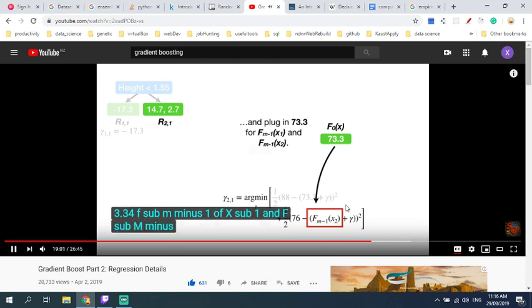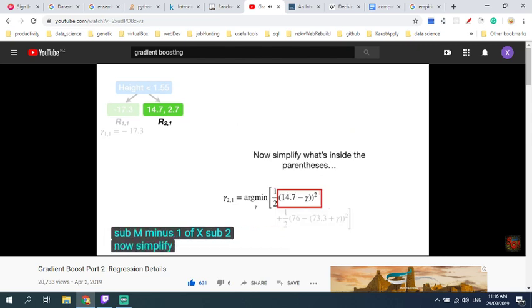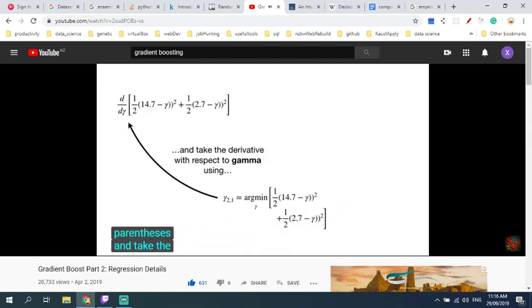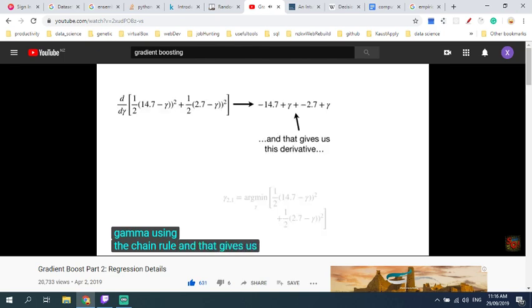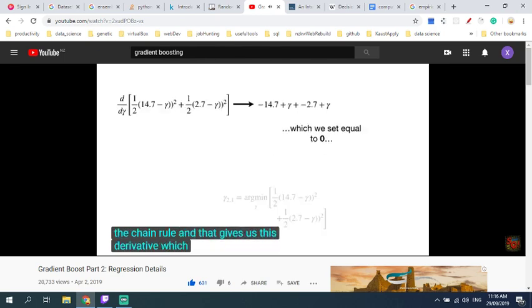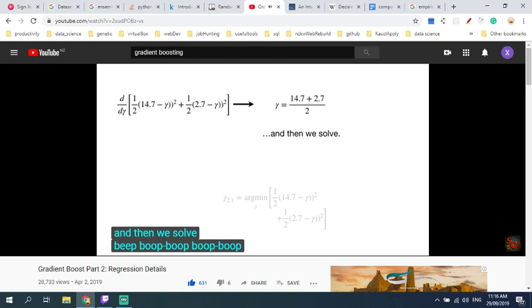and f sub m minus 1 of x sub 2. Now simplify what's inside the parentheses and take the derivative with respect to gamma using the chain rule. And that gives us this derivative, which we set equal to 0. And then we solve. Beep boop boop beep boop.